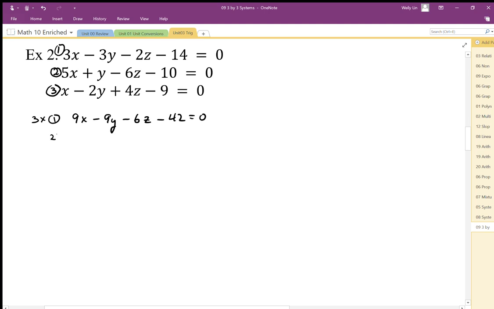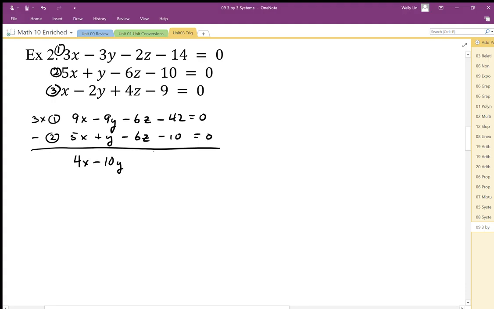Equation 2 is going to be 5x plus y minus 6z minus 10 equals 0. I'm going to subtract those two. 4x, make sure you're keeping track of your signs, minus 10y, the z's cancel out, minus a negative is plus, so I end up with 32 equals 0.